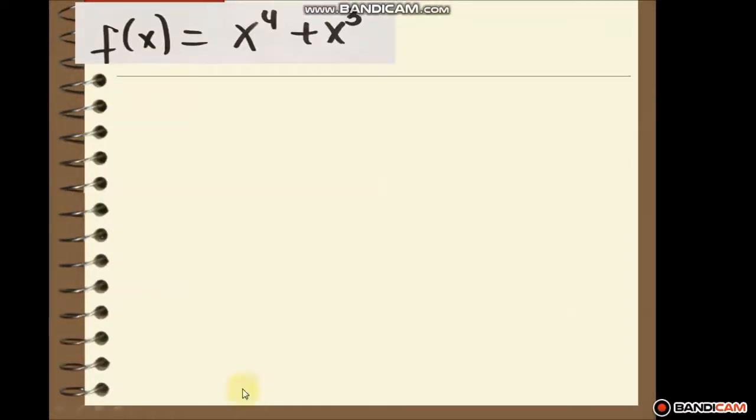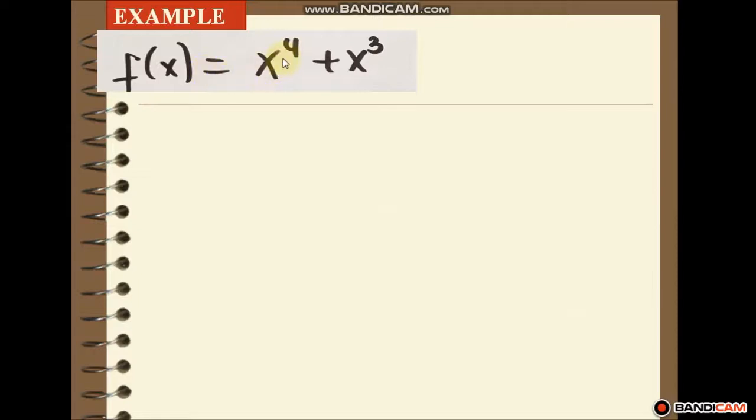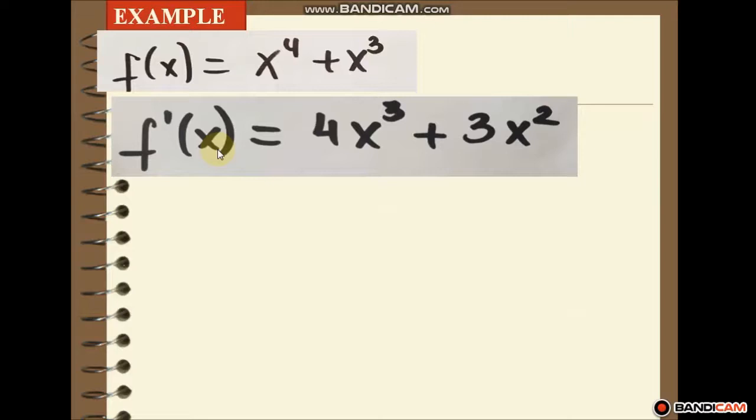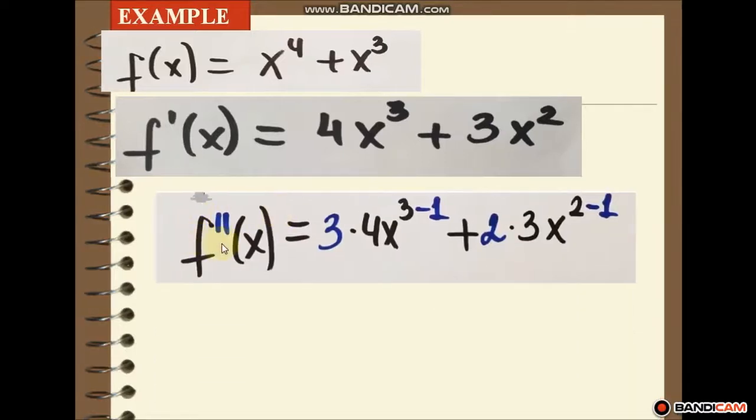Let's solve examples. f of x is equal to x to the power of 4 plus x to the power of 3. You know how to find the first derivative. This one will be 4x to the power of 3 plus 3x squared. Now let's take the second derivative.